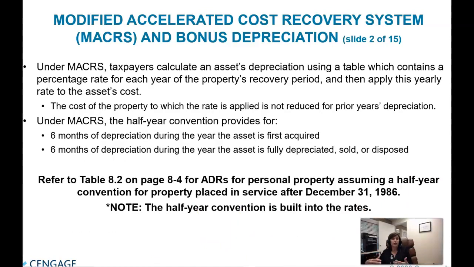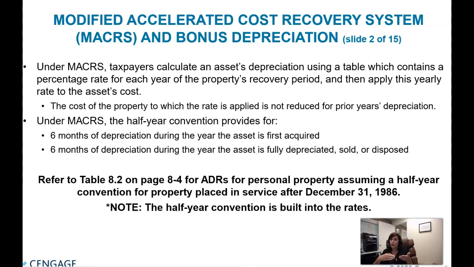Calculating depreciation under the MACRS method basically says you have to decide what this item is: car, furniture, vehicle, or computer, let's say. Then you determine what the cost recovery period is. That's 5 years, 3 years, whatever that may be. Your book provides table 8.2 with the percentage that you are allowed to depreciate of that item's cost over each year of its useful life.